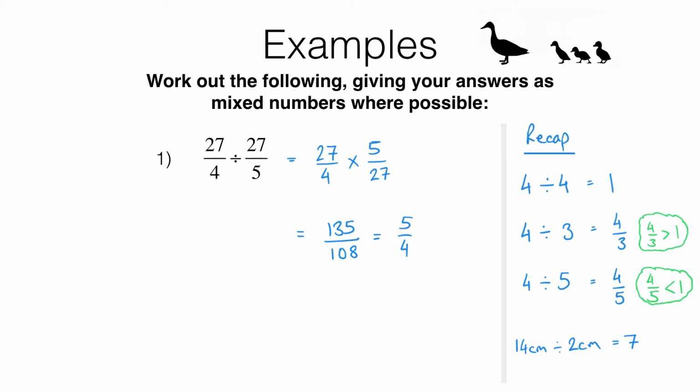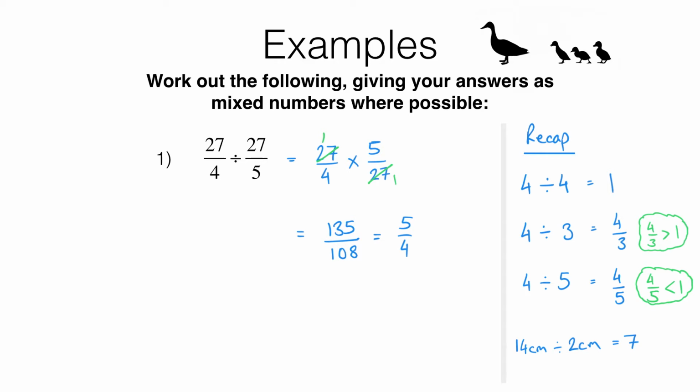But you didn't have to go to this trouble in the first place. What we could have done instead was spot that the numerator was going to be 27 times 5 and the denominator was going to be 27 times 4, and without bothering to work out what they would be, we'd see that we could then divide each of the numerator and denominator by 27 later on. So why bother multiplying by the 27 in the first place? So we could just cross them out and replace them with a 1.